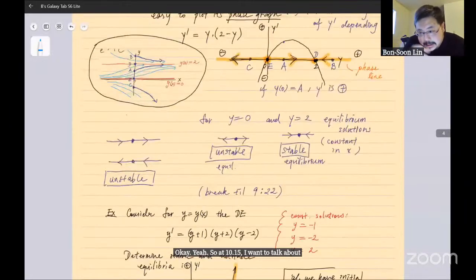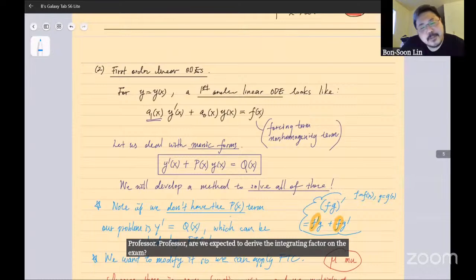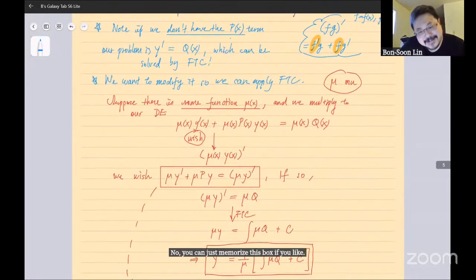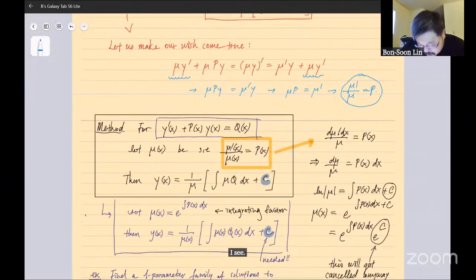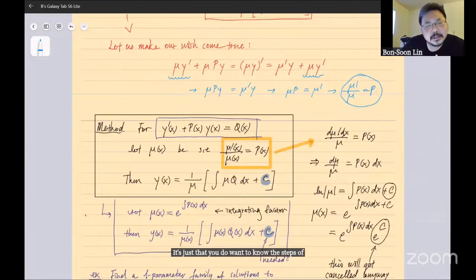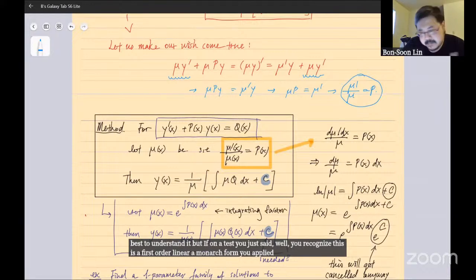Any other questions? Professor, are we expected to derive the integrating factor on the exam? No, you can just memorize this box if you like. But you do want to know the steps of how you get there, so try your best to understand it. But if on a test you just say, well, you recognize this is a first order linear monic form, you apply this magic box which you memorized, then fine, more power to you.